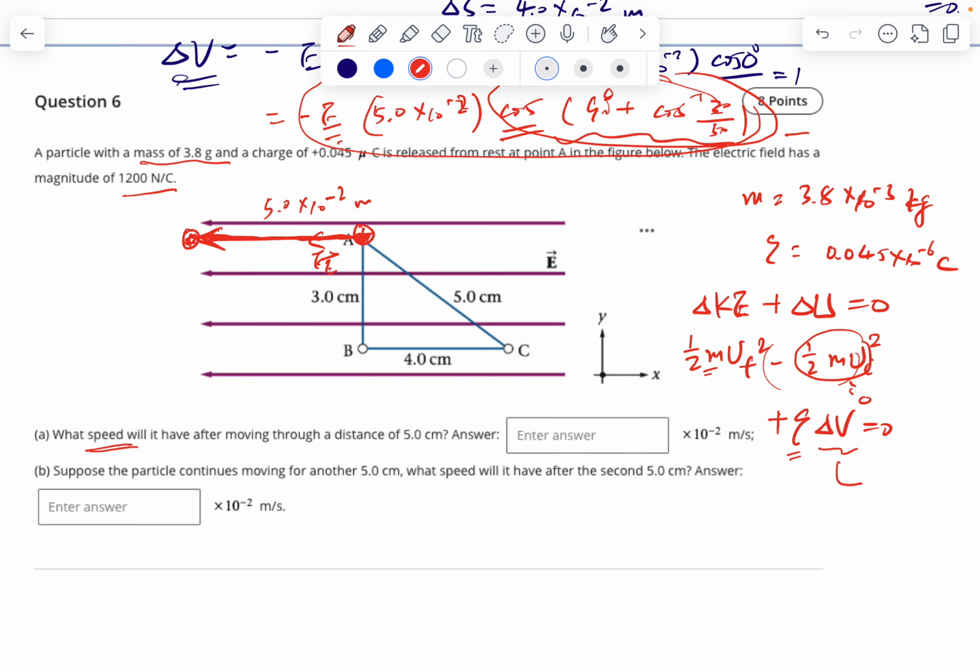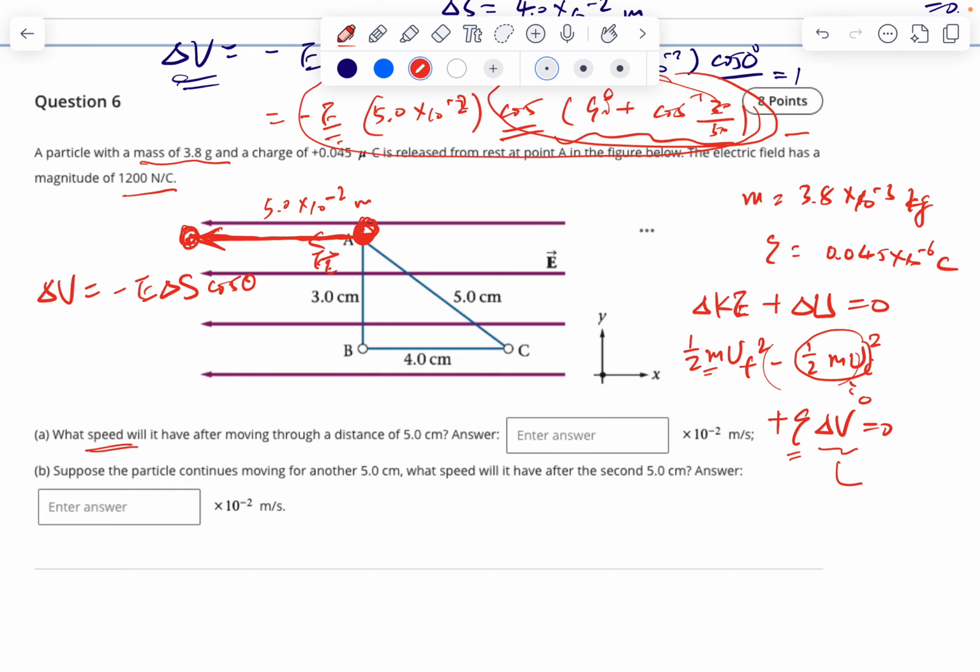So here's what happened. We know that along the direction of the electric field, the potential decreases. From this position to that position, what is the potential difference? The potential difference is negative E delta S cosine theta, as we had before.